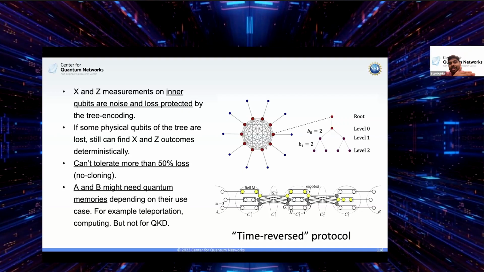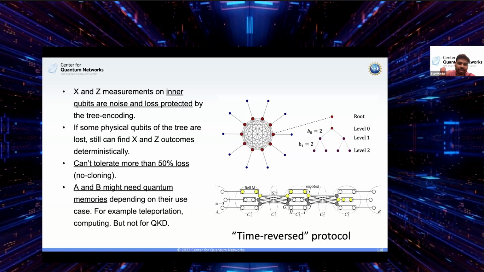And remember that 50% loss is not a big deal for fiber optic cables, right? You get 50% loss very quickly. You get, say, in 15 or 20 kilometers, a loss of a factor of e, right? That's more than 50%. So the repeaters cannot be spaced out too far in this case, because loss is really the noise that you are worrying about here.